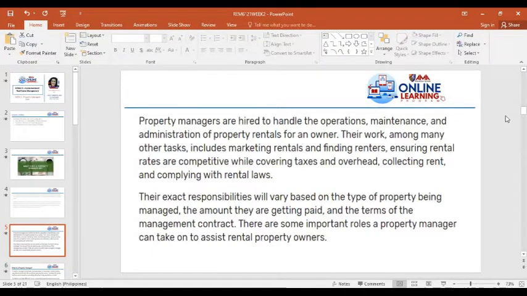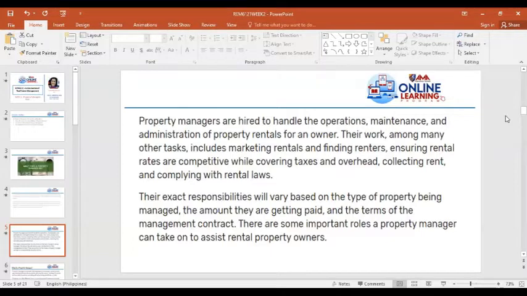So property managers are hired to handle the operations, maintenance, and administration of property rentals for an owner. Their work, among many other tasks, includes marketing rentals and finding renters, ensuring rental rates are competitive while covering taxes and overhead, collecting rent and complying with the rental laws.